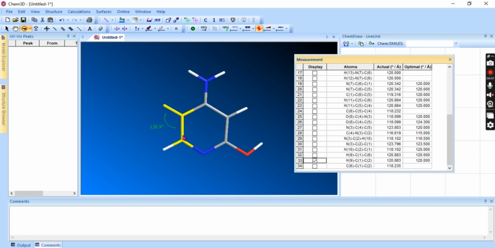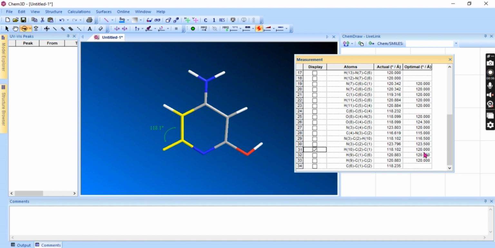Which is also optimal for sp2, as we know. And this is also over 120. Let's check another: it's one less than the optimal value, and the actual value is 118. There is a small deviation that should not be counted.